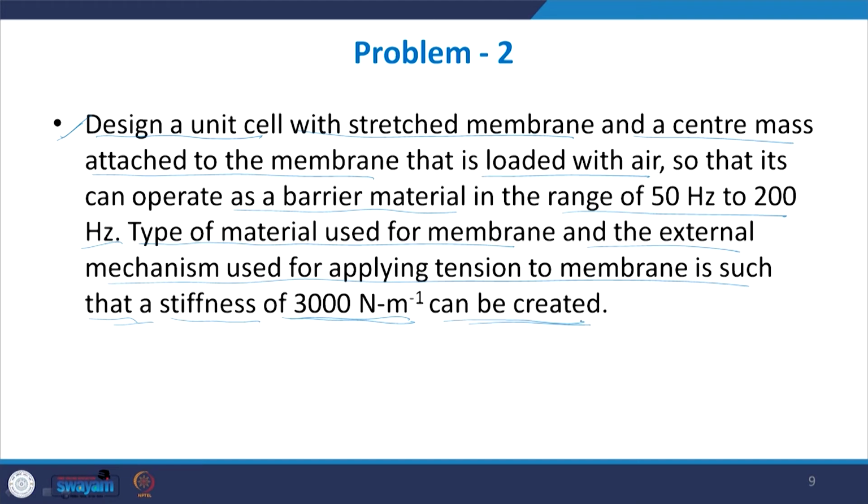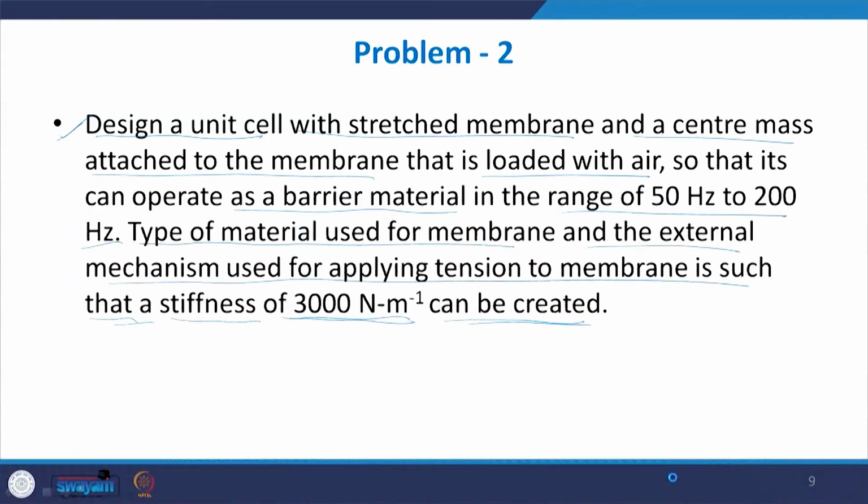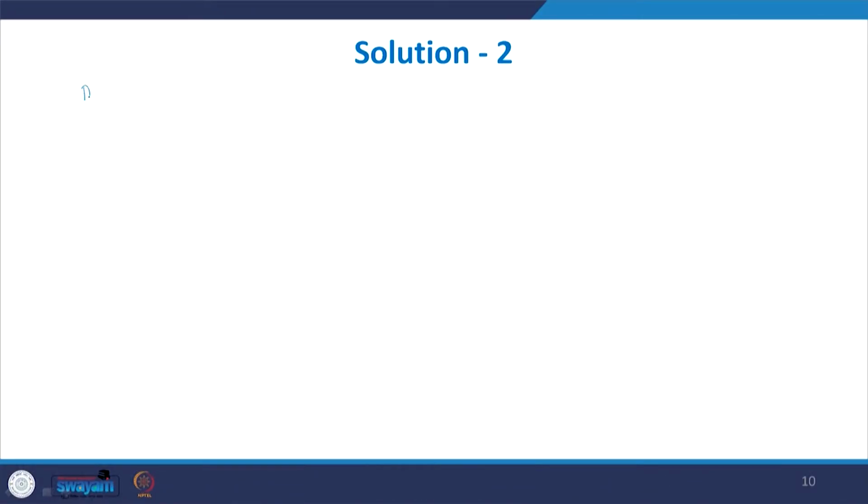So, this is a design constraint that is given: you have to design so that the stiffness does not exceed this value. So the design constraint is that the stiffness must be smaller than or equal to 3000 newtons per meter.